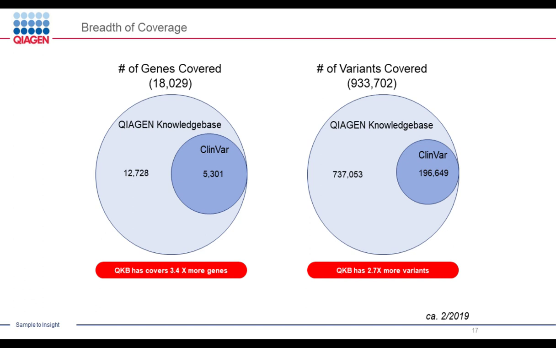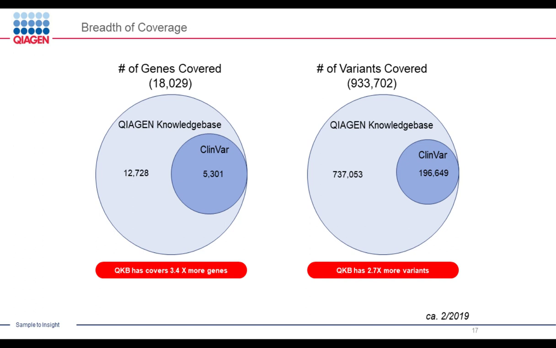If we take a look at the breadth of coverage, this was a survey that I did of the knowledge base back in February of 2019. And what we found was if you only look at clinically relevant variants in a database such as ClinVar, you'll find that ClinVar has around 5,300 clinically relevant genes. The knowledge base, on the other hand, has all of that, plus another 13,000 genes covered.